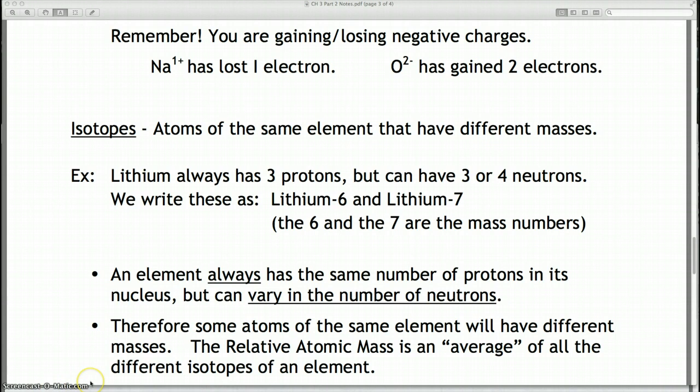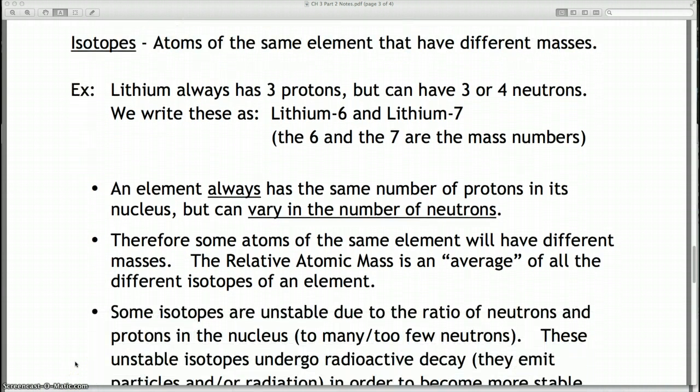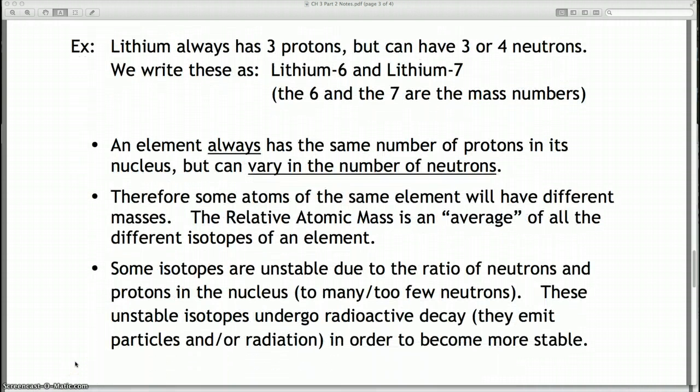What can happen is if you don't have the correct number of neutrons in the nucleus, it can make the nucleus unstable. And we refer to that as being radioactive.